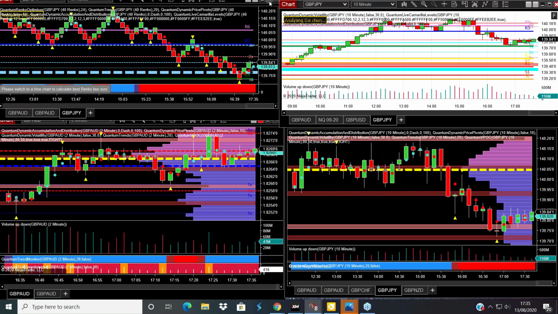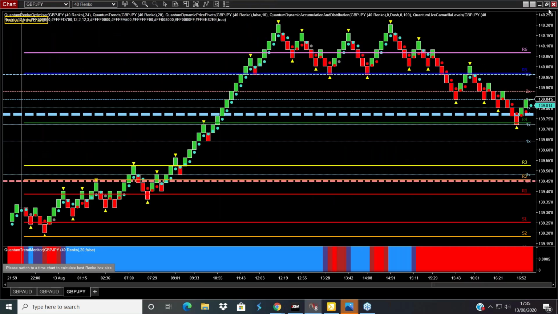And I'm just going to finish on this one with the Renko version of the price action that we have seen on the pound yen. By the way, if you want to catch up on my earlier analysis on the pound yen, head over to my Learn Forex page, here we are.